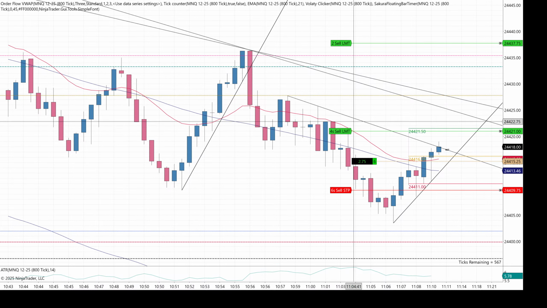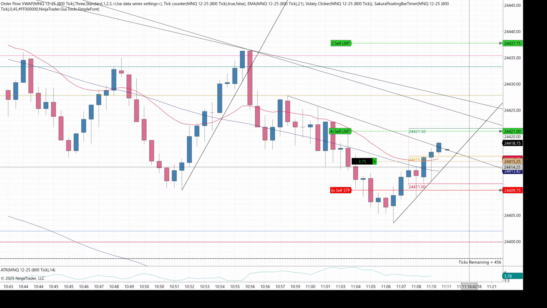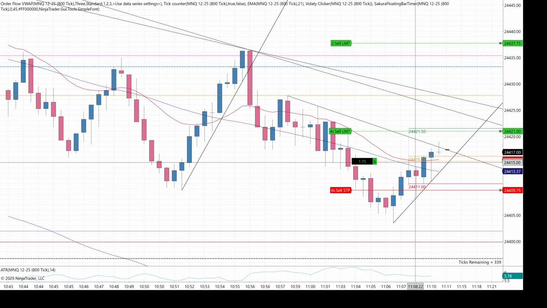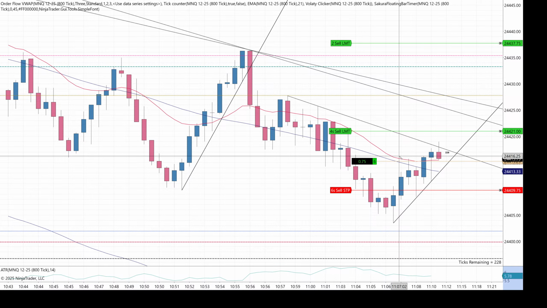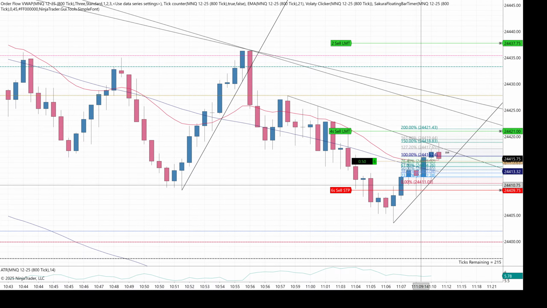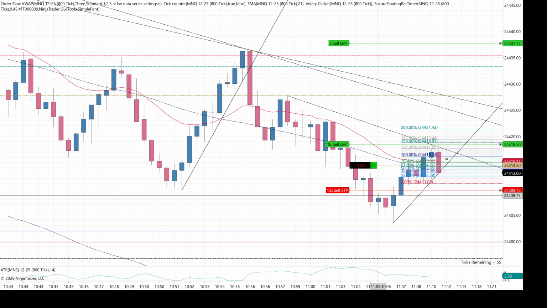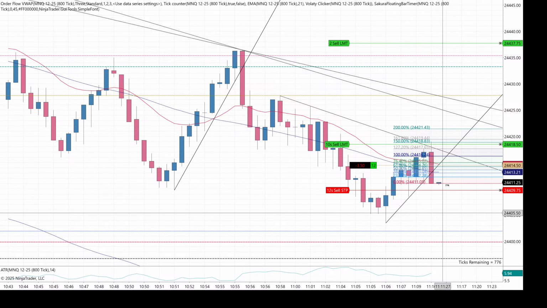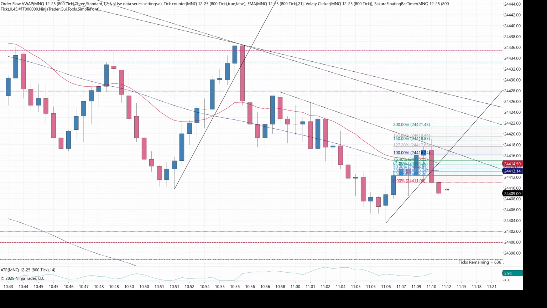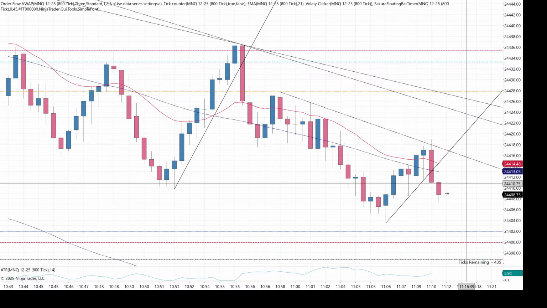I know there's this trend line here, but I misplayed that trade big time. Oh, boy.